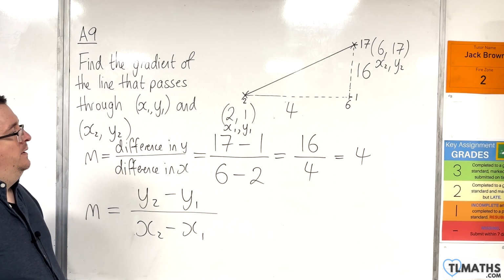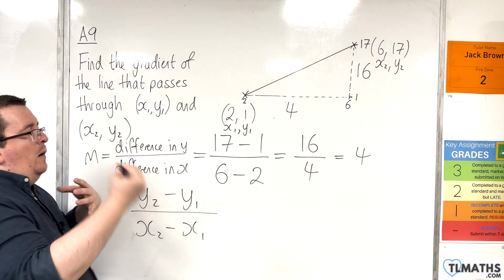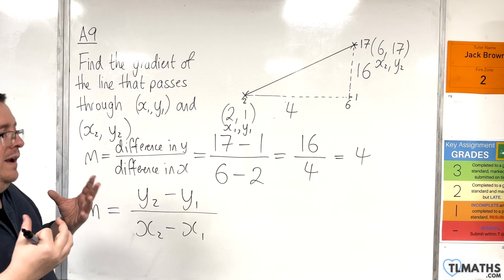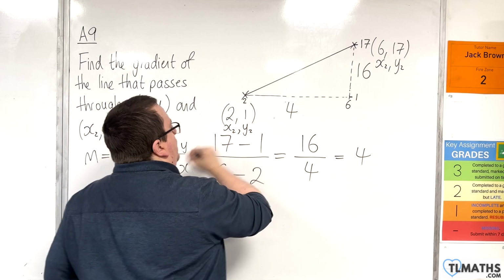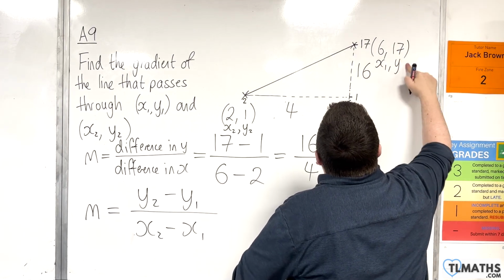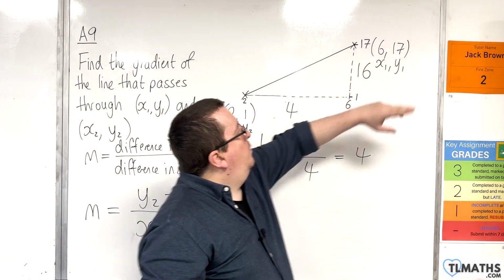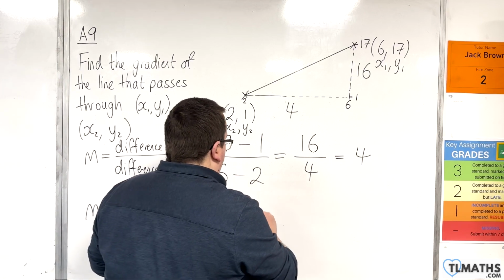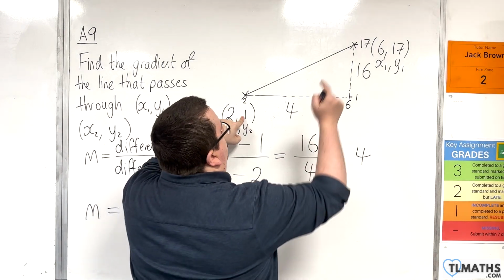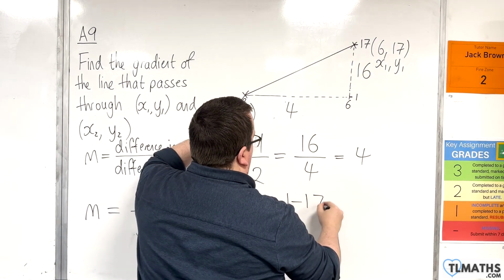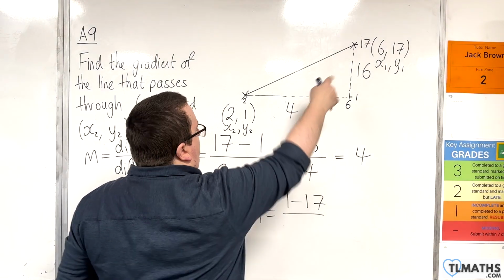Okay, so they should always match up in columns, and it is this formula that will allow you to work out the gradient. Now you might be wondering, did it matter which one I called the (x1, y1) and which one I called the (x2, y2)? Well, actually, no, it doesn't. But let's say I reversed the order, and this was my (x1, y1), and this was my (x2, y2). Then the gradient would be y2 minus y1, so 1 take away 17, over x2 take away x1, 2 take away 6.